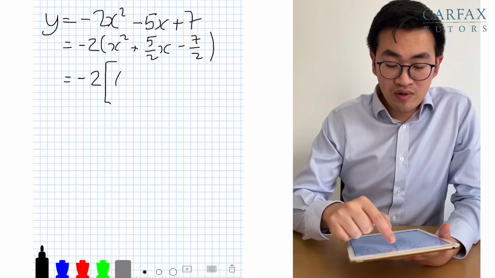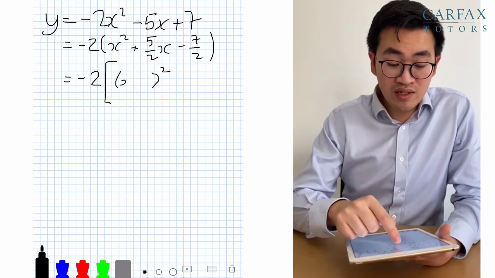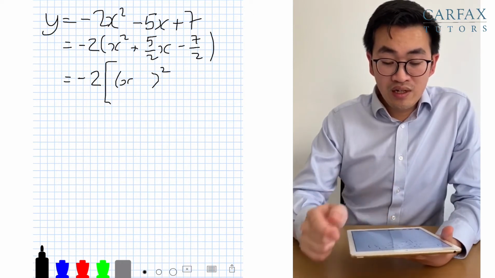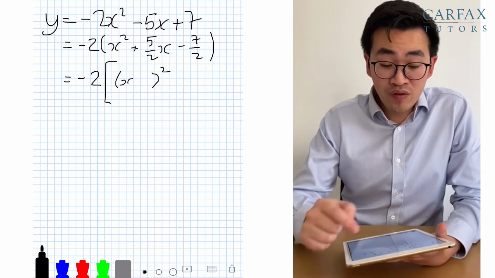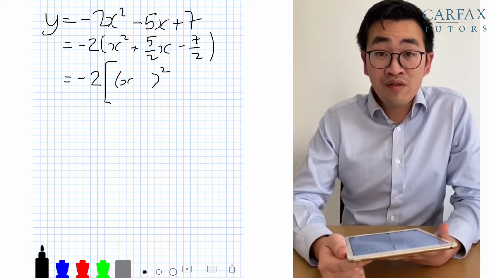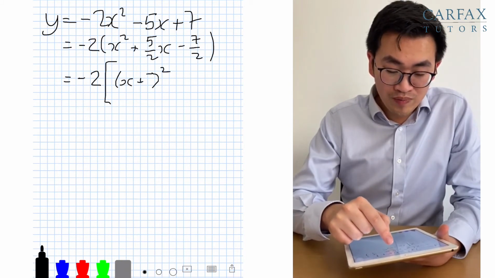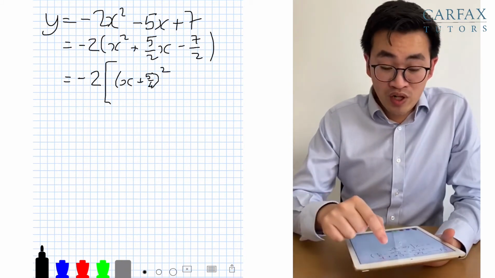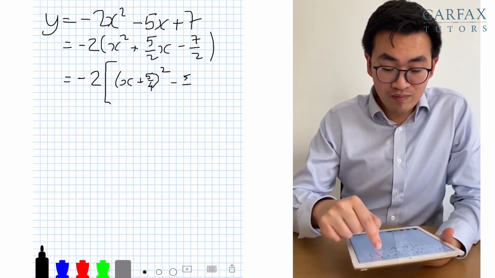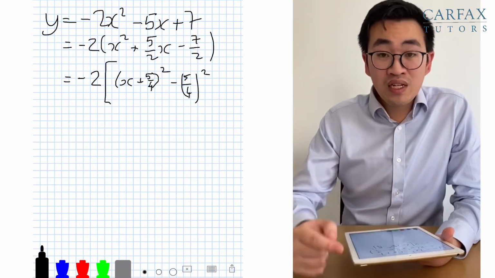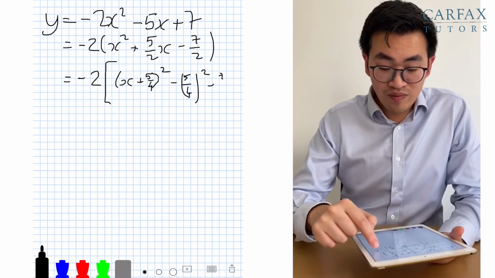And the first step of completing the square, put the bracket, put the square, put the x, and then to find out the term next to the x would be half of the coefficient of x, so half of 5 over 2, which is 5 over 4. Positive 5 over 4. And then we subtract what we just calculated, so 5 over 4 all squared. And then bring down the negative 7 over 2 from above.